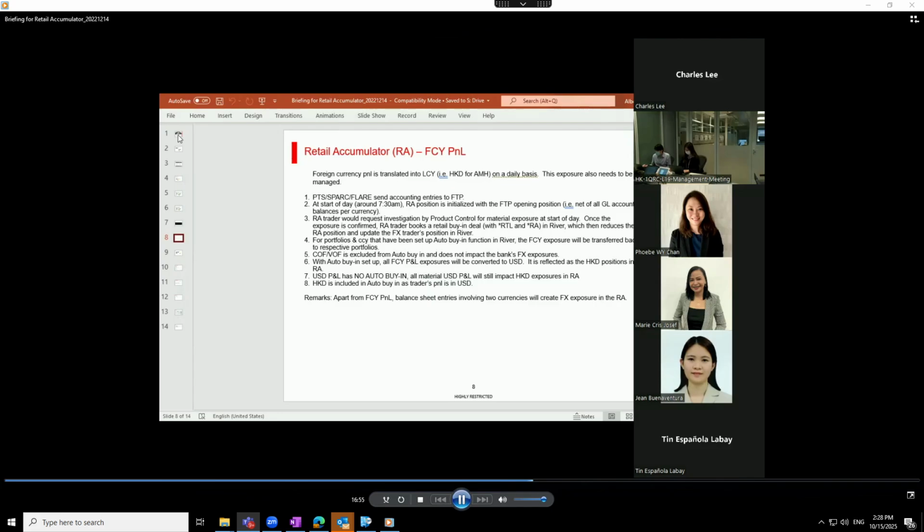On the other hand, for Hong Kong dollar P&L, there is auto buying setup. So your Hong Kong dollar P&L will generate an auto buying ticket against US dollars, largely because our trader's P&L is in US dollars. That's why the setup is as such.